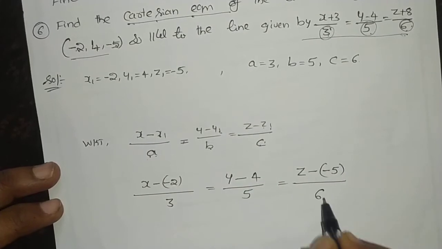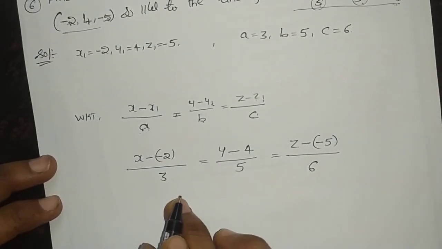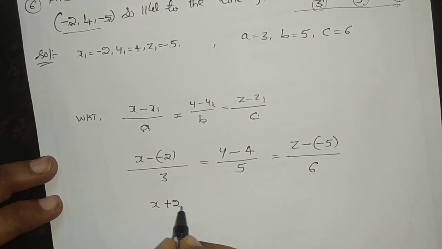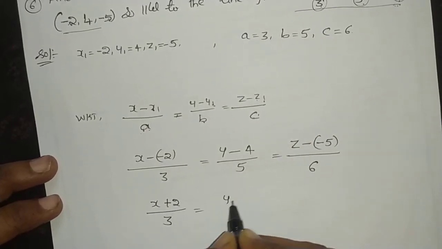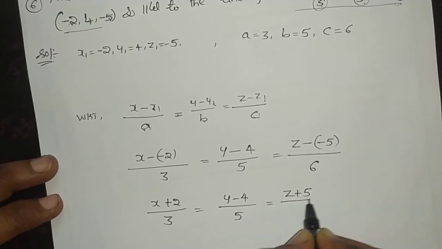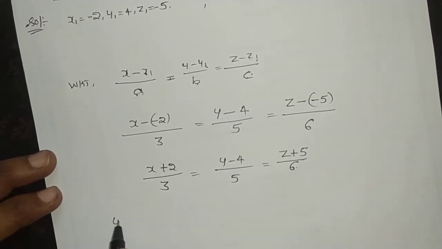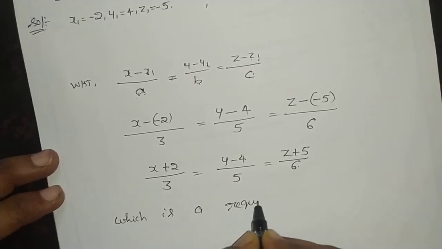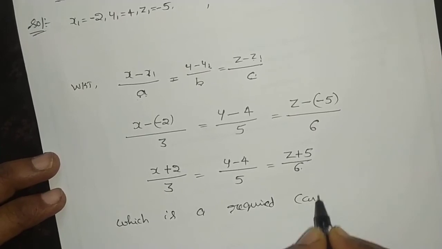C is 6, which is the required Cartesian equation. X minus into minus is plus, so (x plus 2) divided by 3 equals (y minus 4) divided by 5 equals (z plus 5) divided by 6, which is the required Cartesian equation.